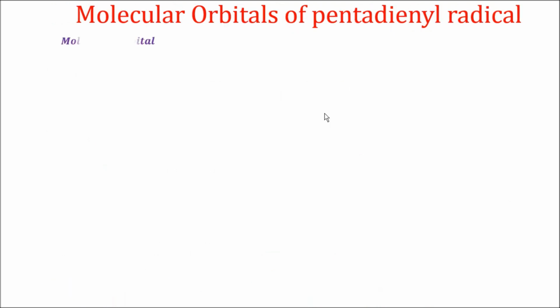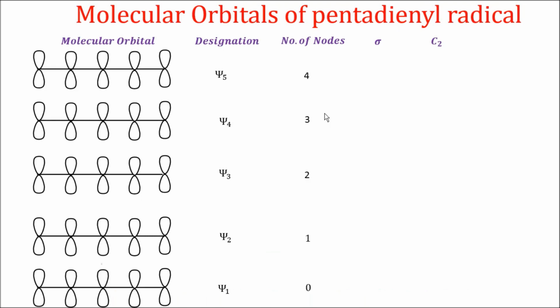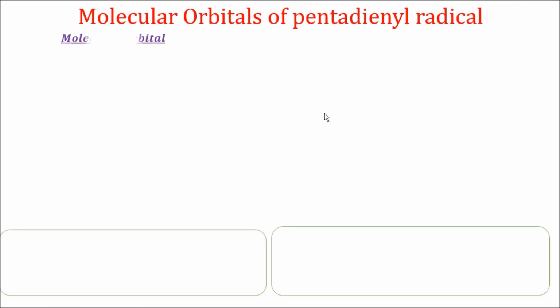So the molecular orbitals are also the same, their symmetrical properties and their signs and everything are similar to pentadienyl cation, but the electronic configuration is different because the number of electrons is different.